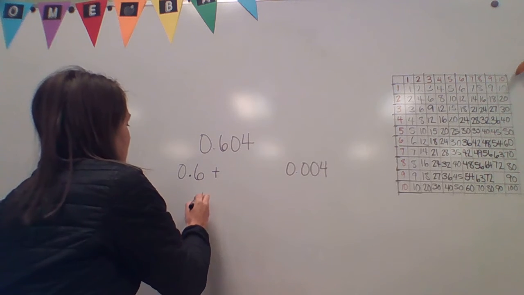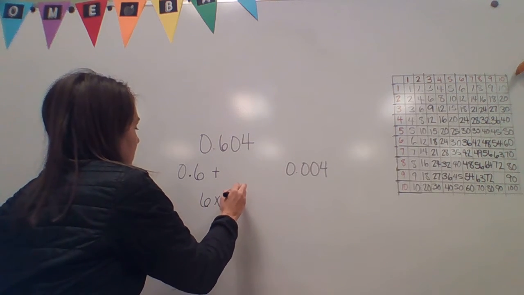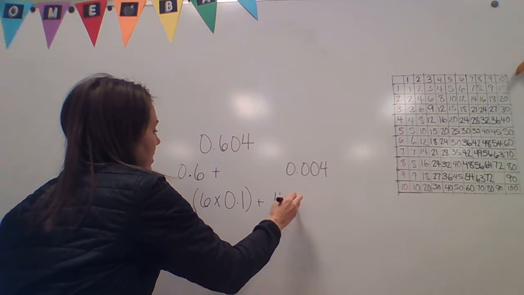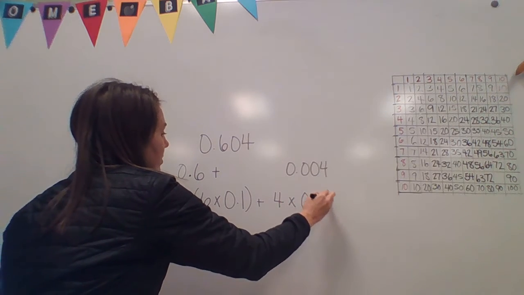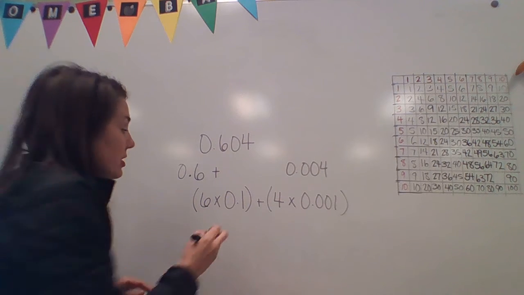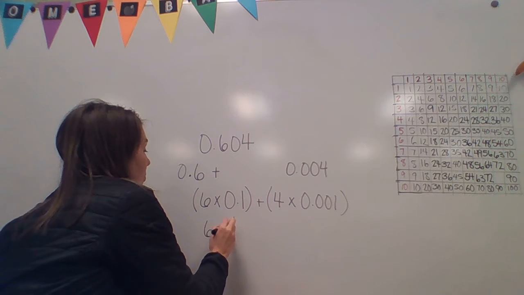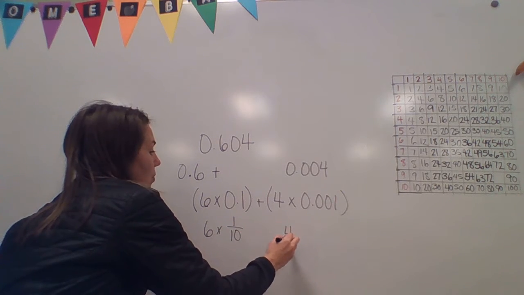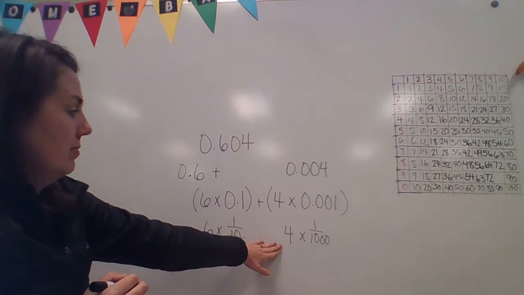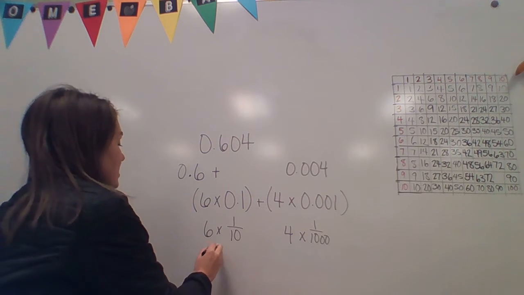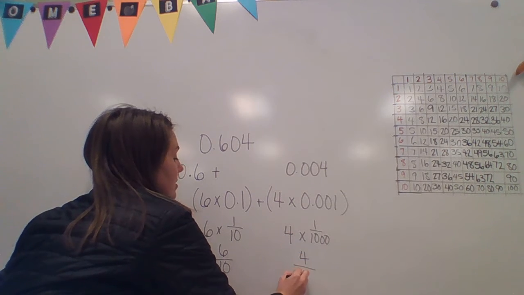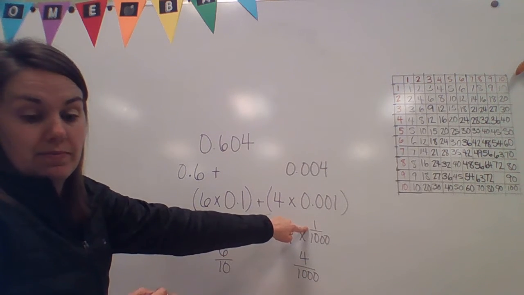Or I can also think of it as 6 times 1/10 plus 4 times 1/1,000. Because just like with our fractions, I have 6 times 1/10 and 4 times my unit fraction of 1/1,000. That would be the same thing as saying I have 6 tenths, and 4 thousandths, I have 4 1,000ths. Okay?